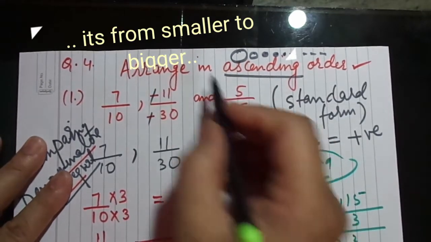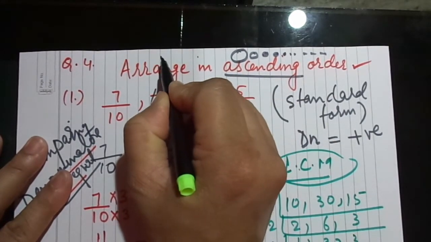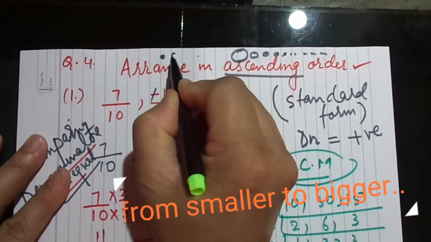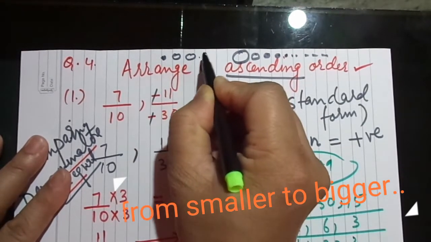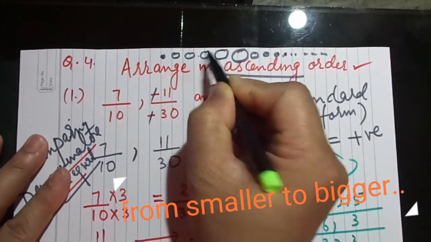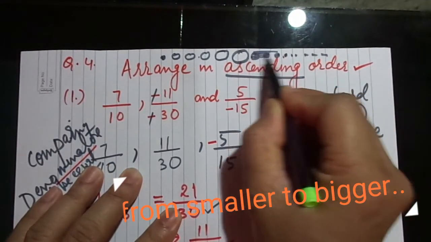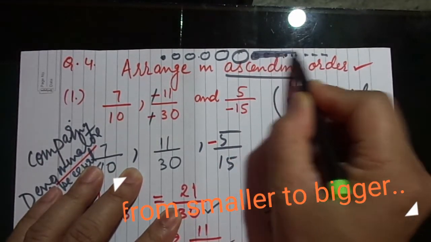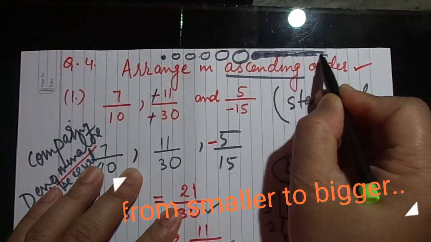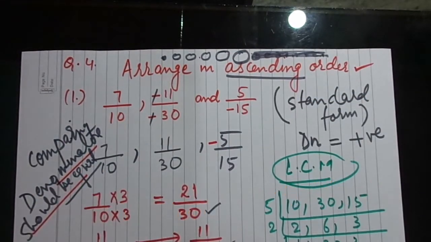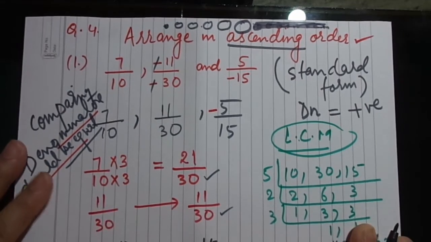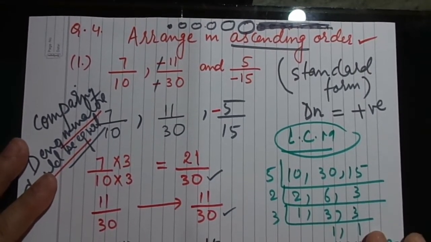So I'll redo it. Okay. So I can see over here that ascending order means from smaller number to bigger number. Smaller to bigger means you are ascending the mountain, from the bottom to the top.